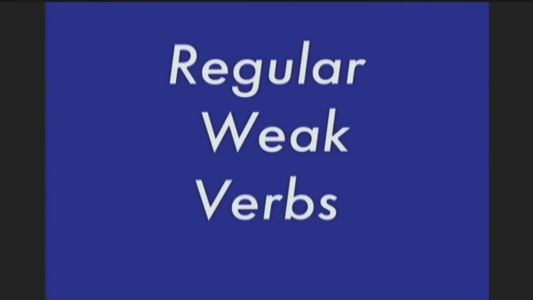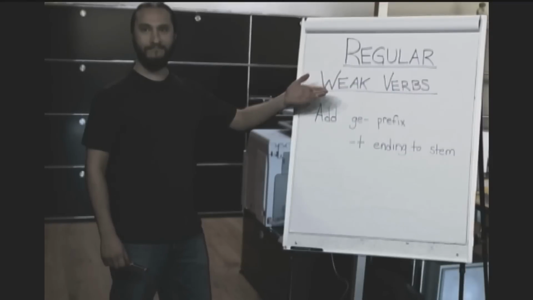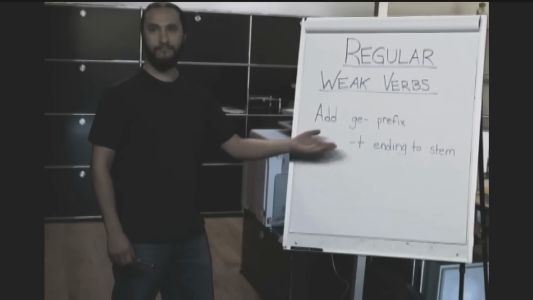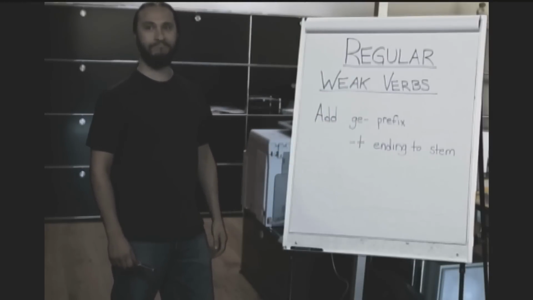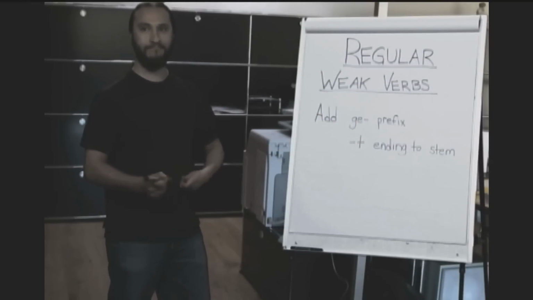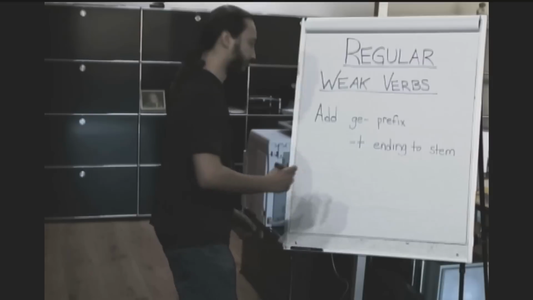Regular weak verbs: add a GE prefix and a T ending to the stem to create the participle. Let's have the example of the verb spielen.